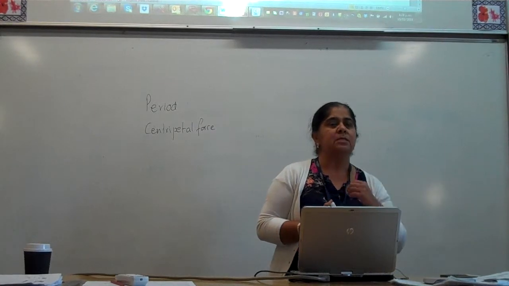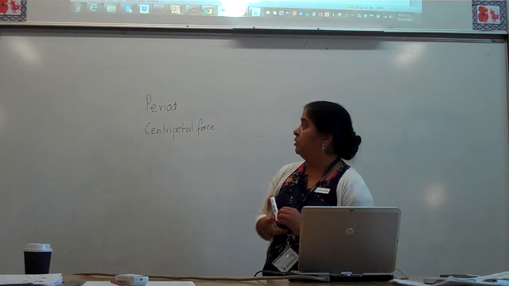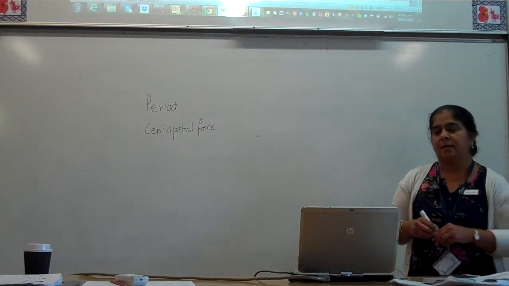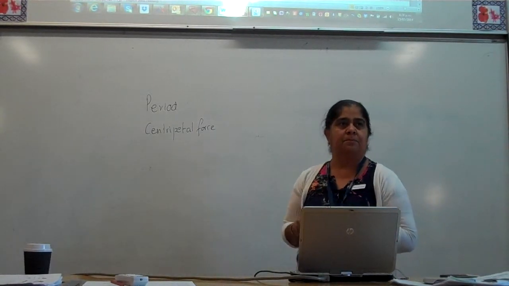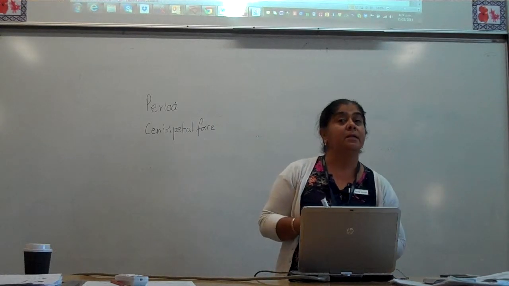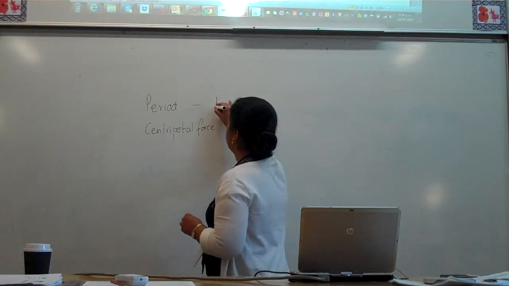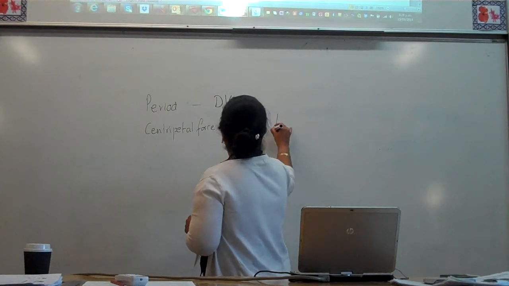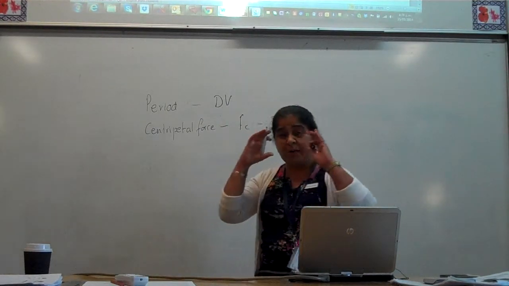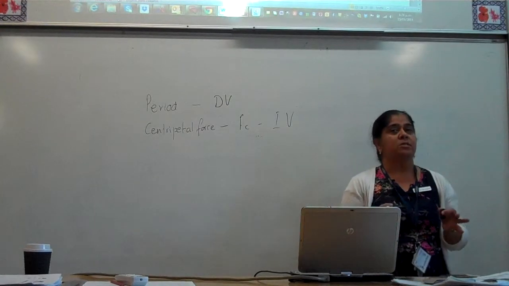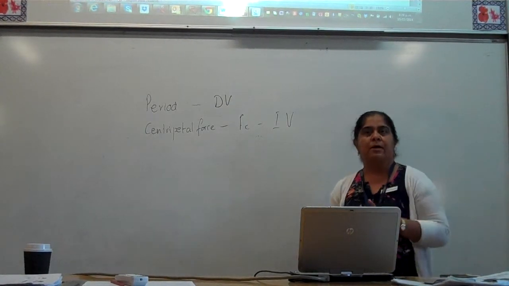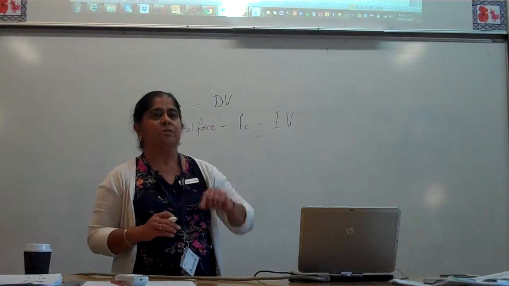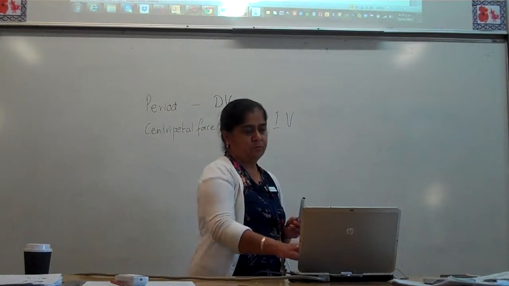Those of you who haven't seen this activity before, which one do you think out of these two is going to be dependent, that you will measure in class? Yes? Pardon? Period is going to be dependent variable, and centripetal force is going to be your independent variable. So try to, first thing in your worksheet that is given to you, try to spot the two variables. Okay, so get at least the first two ticks right for achieve.